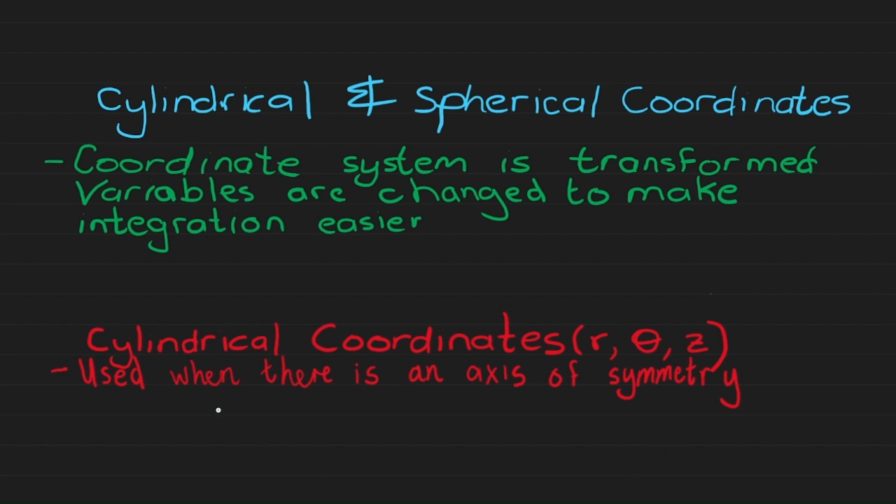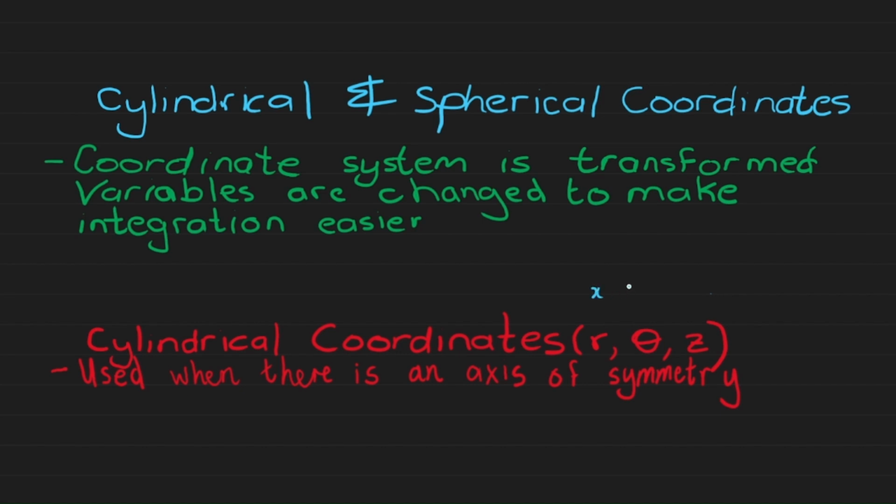When I mean axis of symmetry, I mean, for example, if you have a simple parabola, then we can see that the y-axis is actually an axis of symmetry. And in 3-space, we can think of the z-axis as being the axis of symmetry. And that's what we're going to look at now. There is a change of variables that goes from x, y, z to r, theta, z.